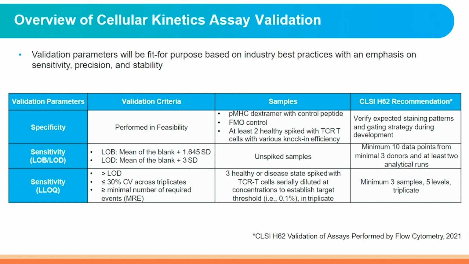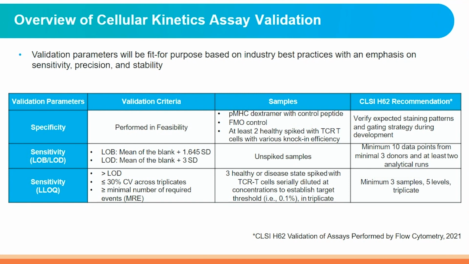In addition, the journal Bioanalysis also publishes white papers each year after WRIB conferences. In our cases, the validation parameters will be fit for purpose based on industry best practice with emphasis on sensitivity, precision, and stability.